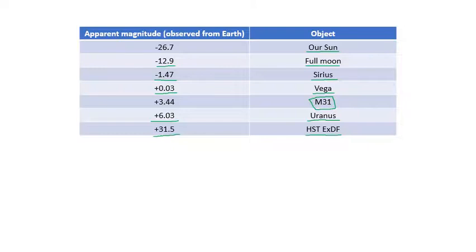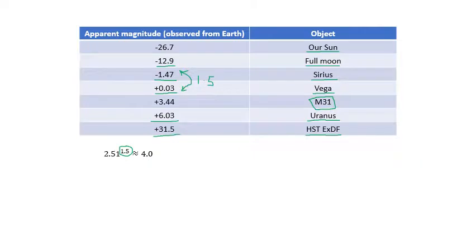So, how does the magnitude scale relate to intensity? Well, it's relatively simple. A difference of 1.5 magnitudes, so that would be the difference between Sirius and Vega. Vega is dimmer, Sirius is brighter, but the difference between them is about 1.5.